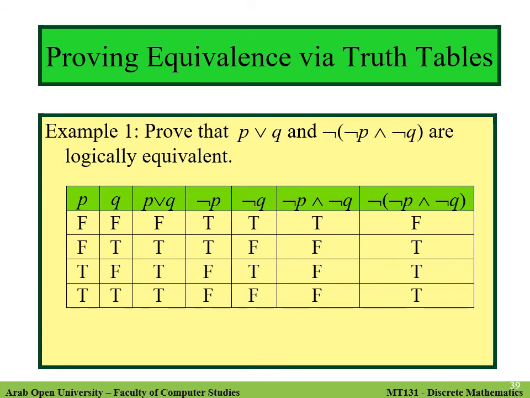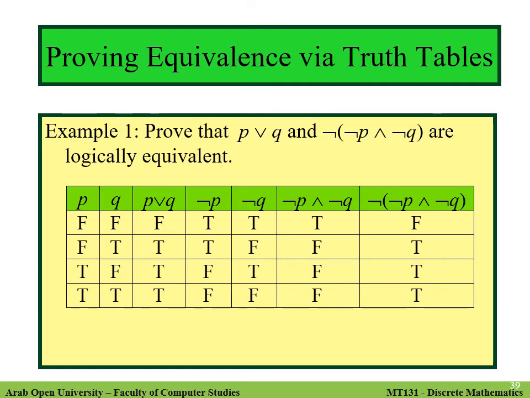So we want to show P or Q, that's the first statement, and not P and not Q are logically equivalent. One way to do this is using a table. If we do the table, you look at the column for P or Q and the column for not P and not Q. They are exactly the same. The two statements have the same truth values and therefore they are equivalent.